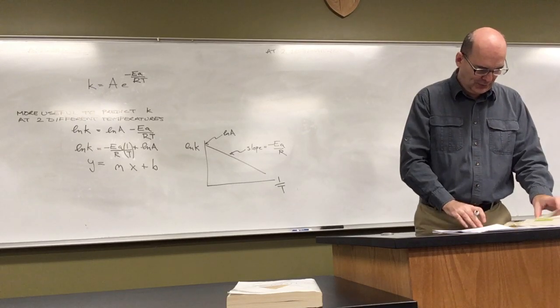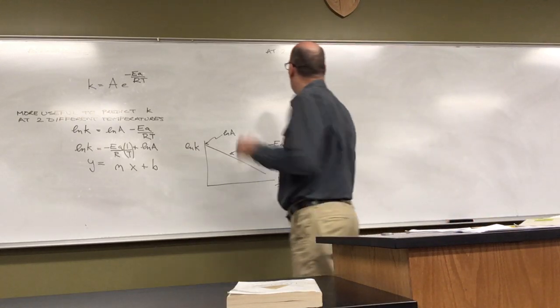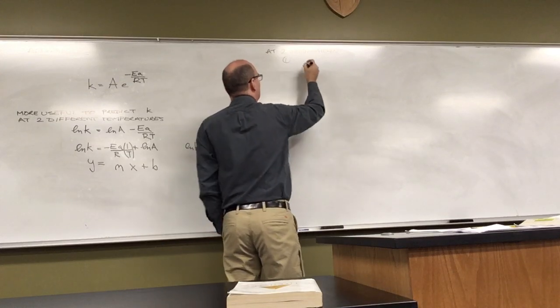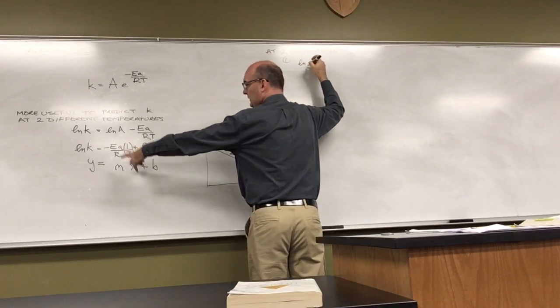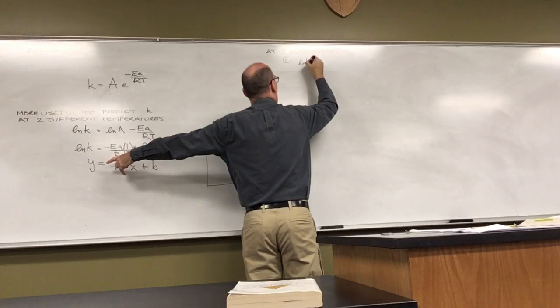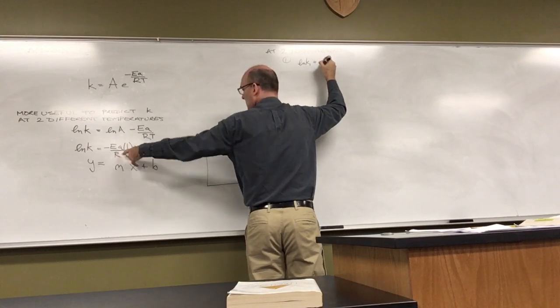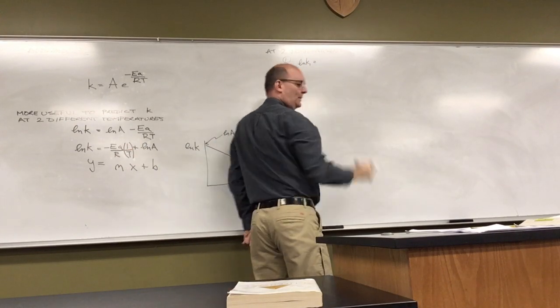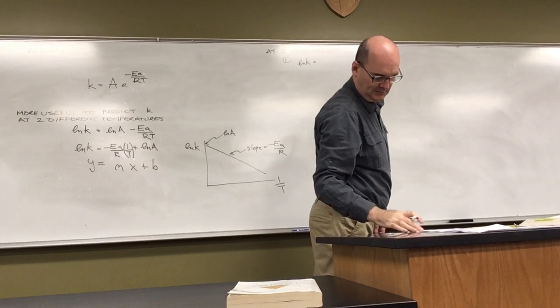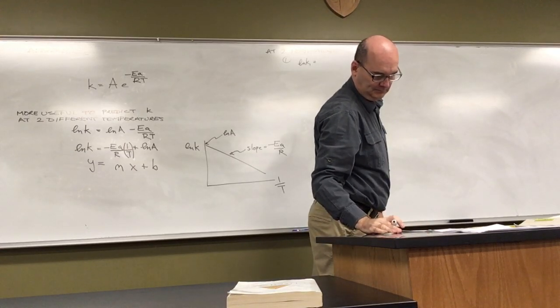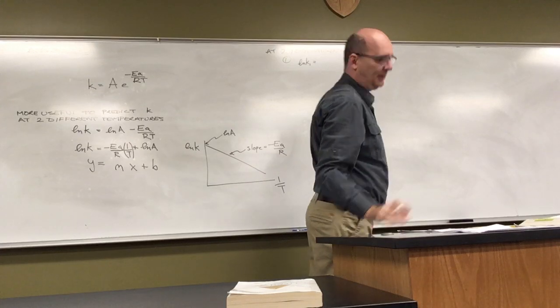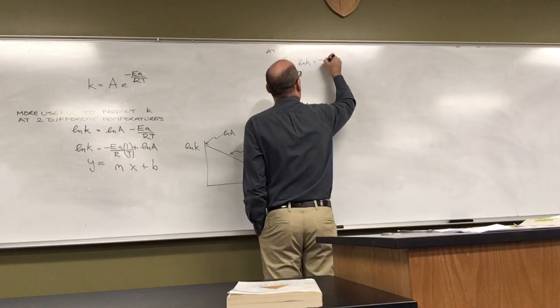So if I do 2 of these, at temperature 1, I will have the natural log of my first rate constant is equal to, which way am I going to write this out? Yeah, it doesn't matter.